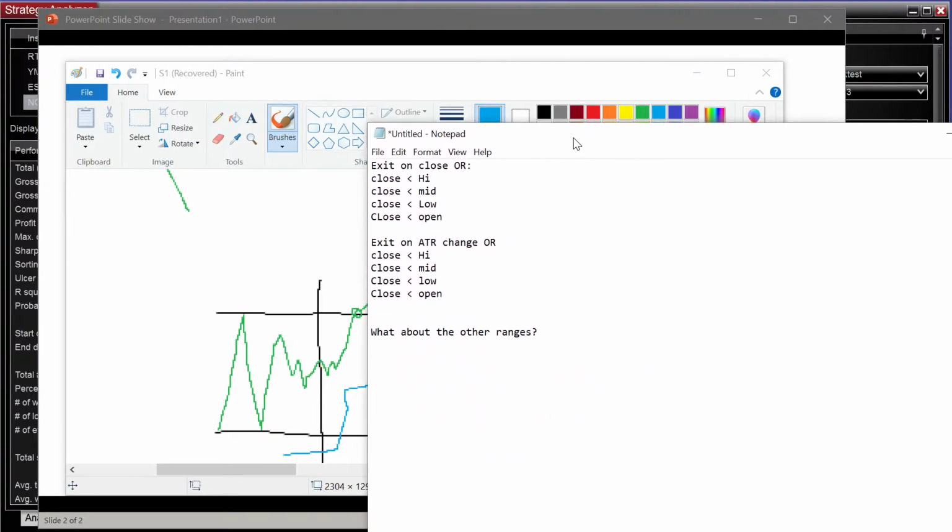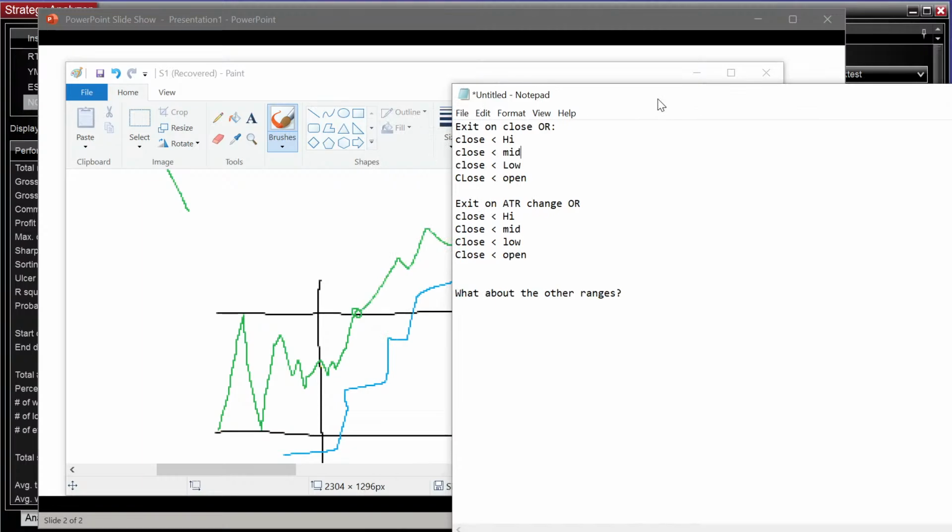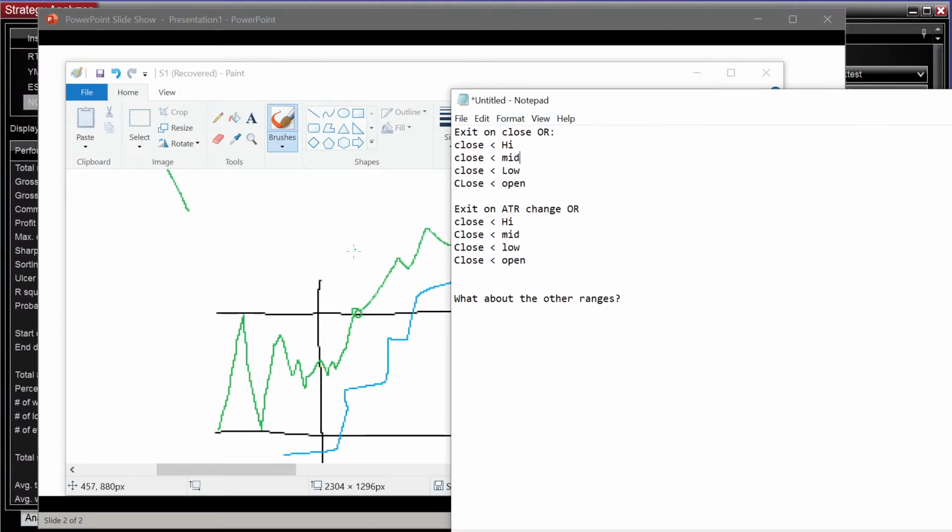Now with these exit variations, once we enter, we're just going to hold until the market closes. So it was exit on session close, or we close beneath the high of the range.